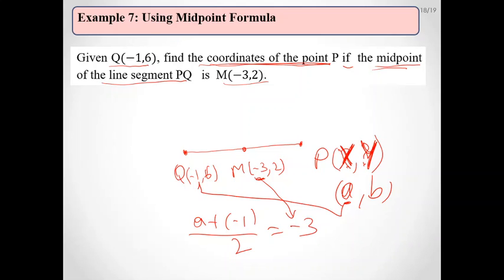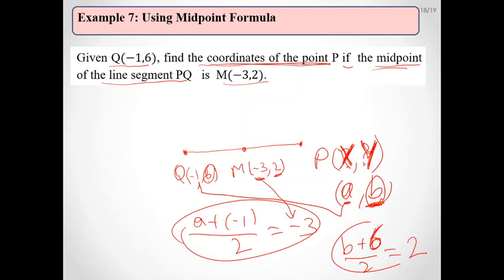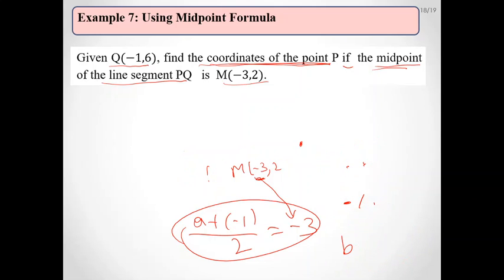And if this is B, then B plus 6 over 2 is equal to the y coordinate of the midpoint. Then you can find A and B. This is the idea. You can use X and Y or A, B, whatever you like for the unknown variables.